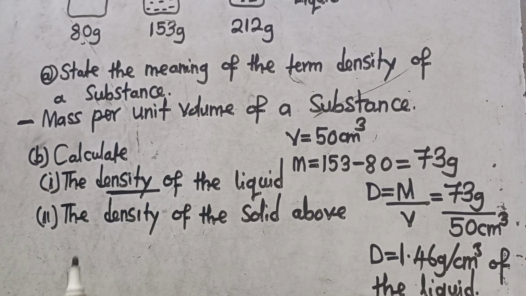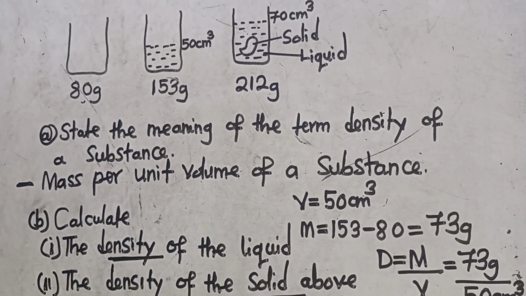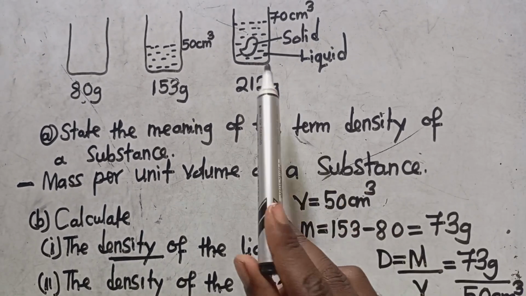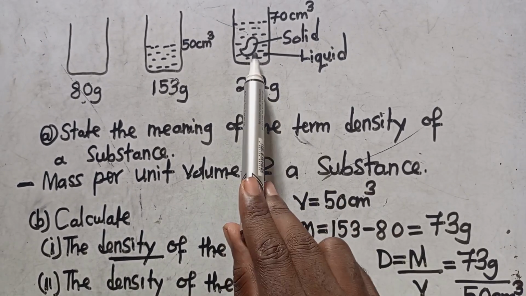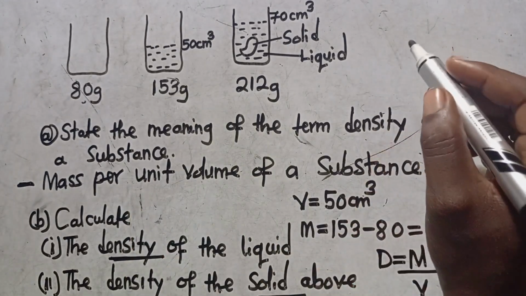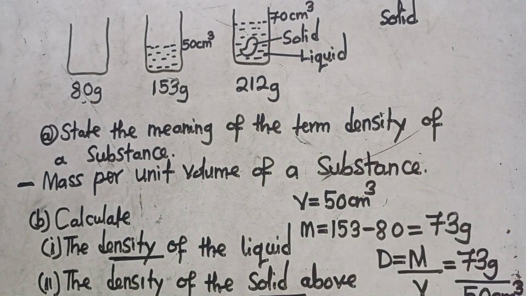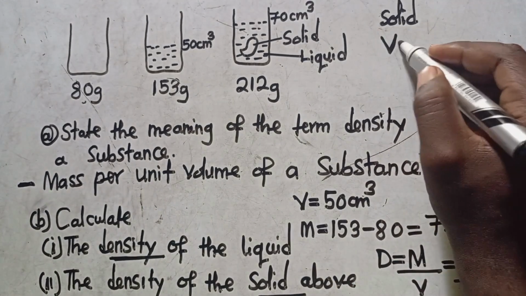We move now to this other question, the density of the solid. We go and check the solid. This is the solid that is here. At first, the volume. What is the volume of the solid?